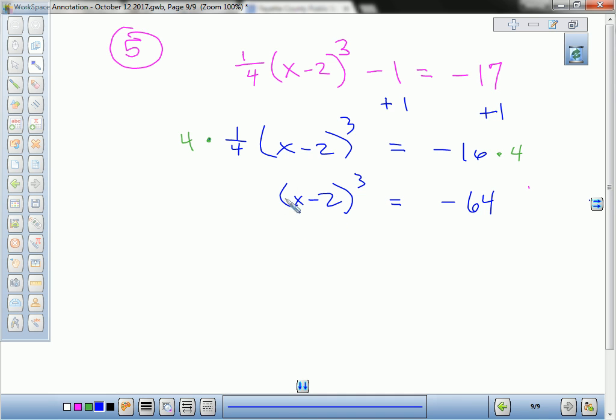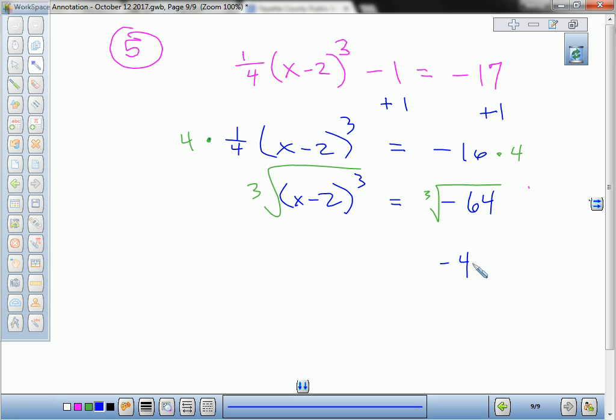Okay? So I have an isolated power. I take the root. Now, is it possible to take a cubed root of a negative? Yes. What is the cubed root of negative 64? Negative 4. Because negative 4 times negative 4 times negative 4 is negative 64.